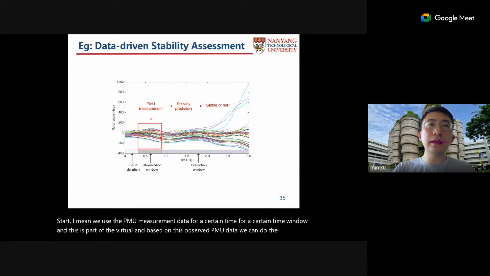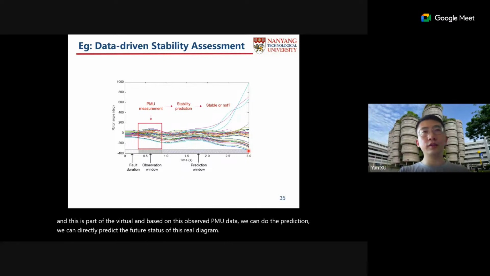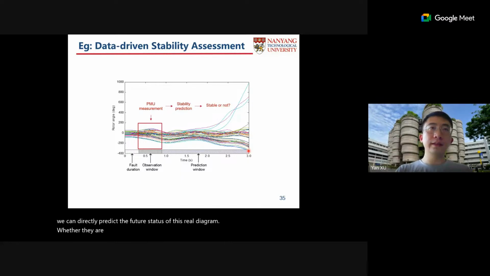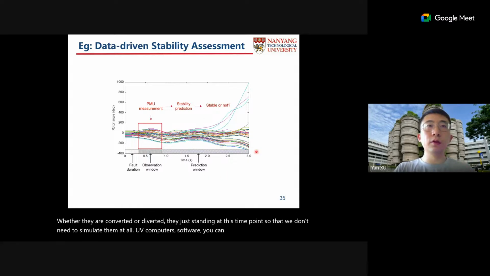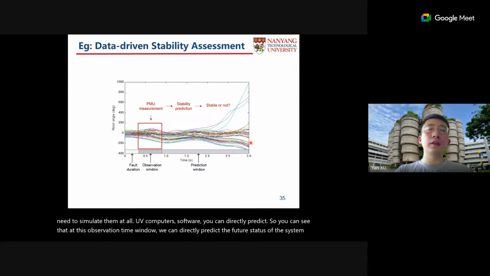We can directly predict the future status of these rotor angles, whether they converge or diverge. Standing at this time point, we don't need to simulate them at all using computer software. We can directly predict the future status of the system stability condition.